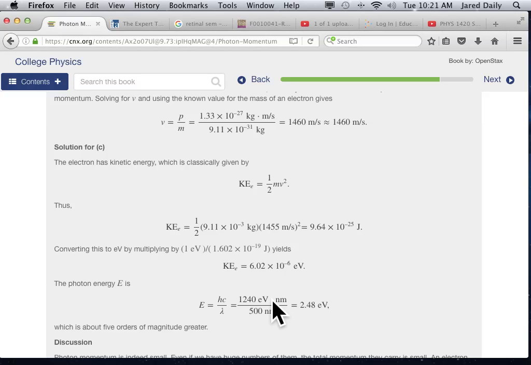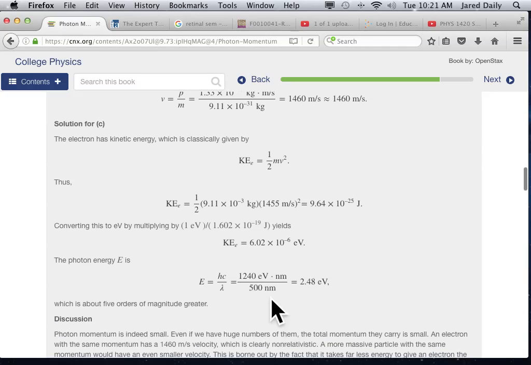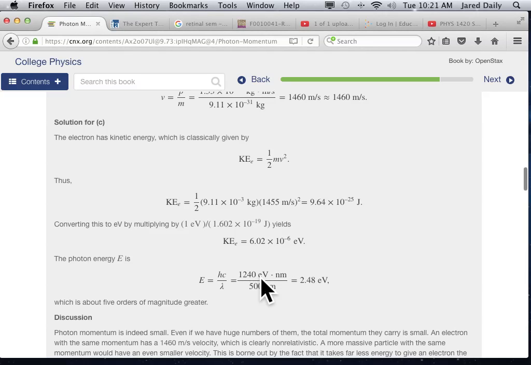Whereas electron volts for electrons can go really high. The photon energy, however, is 2.48 electron volts, quite a bit more. A lot more. So only a small amount of that energy was transferred into the electron.